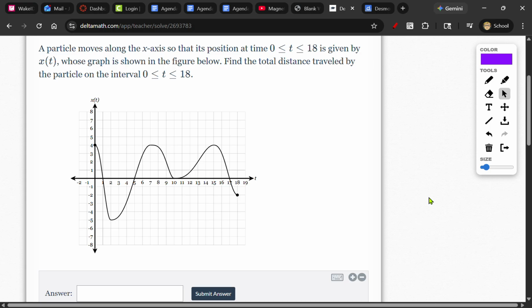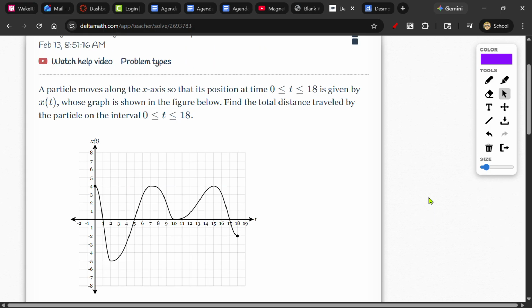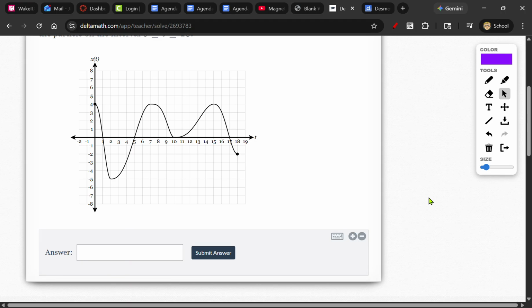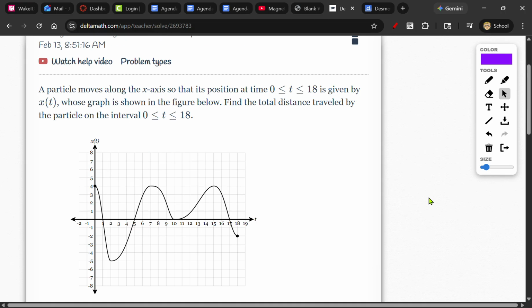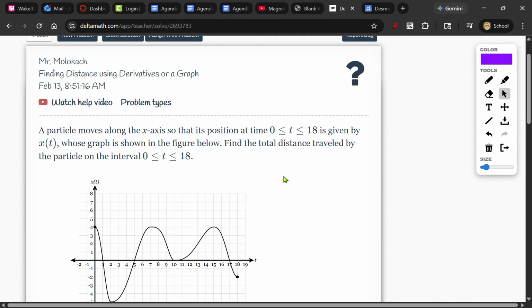Last thing is we're going to do a distance traveled problem. And it says find the total distance traveled. The graph is shown in the figure. Find the total distance traveled by the particle from 0 to 18, right?